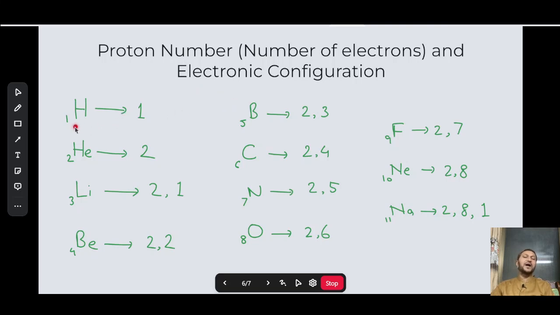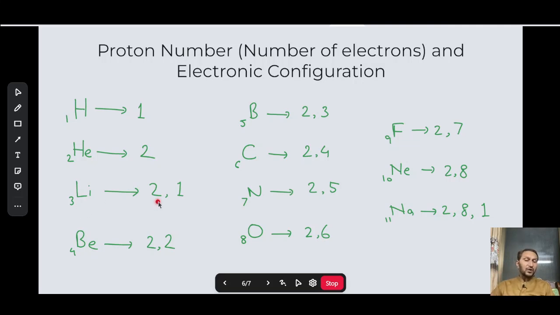Let's start from hydrogen. Its proton number is 1, so it has 1 electron, and this 1 electron is present in the first shell. Helium has proton number 2, so it has 2 electrons, both in the first shell. Then lithium has 3 protons and 3 electrons.